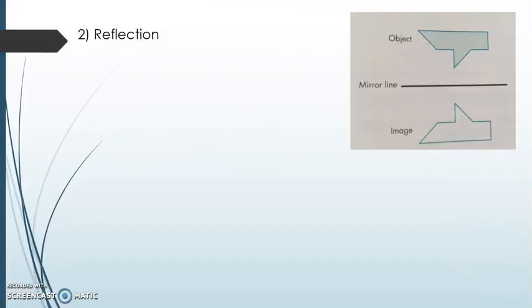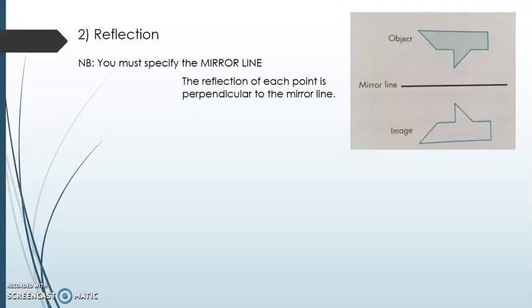Transformation 2, reflection. Now, the important thing about reflections is you must specify the mirror line. Now, the reflection of any point is perpendicular to the mirror line. Any point on the object is perpendicular to the mirror line.